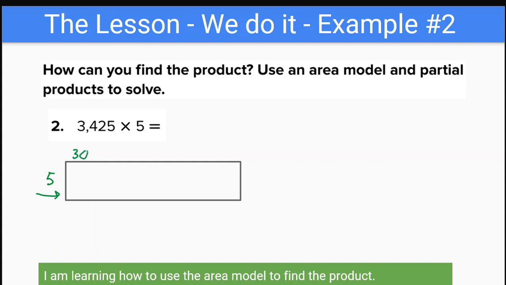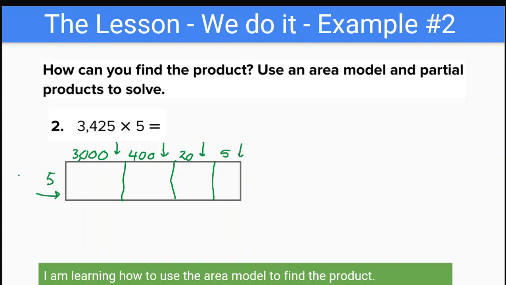That's 3,000 plus 400 plus 20 plus 5. Now 5 is the smallest amount, so we're going to give it the smallest space. 20 is a little bit bigger. 400 is a lot bigger. We'll give it more space right there. And 3,000 is a lot bigger. So let's do this. We're going to use the distributive property. All these numbers up on the top are driving down in this direction.